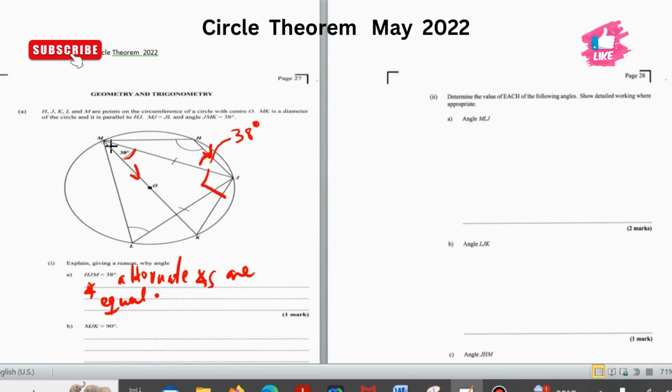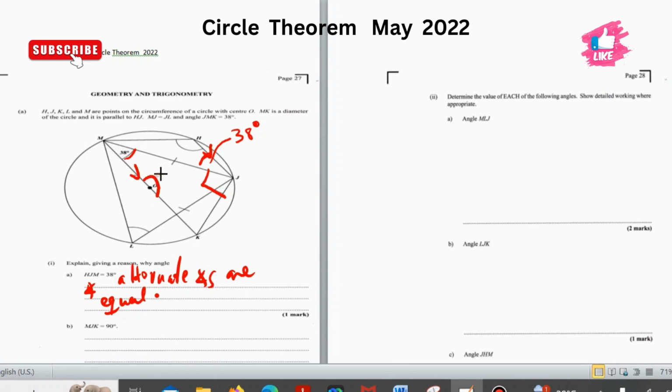But again, we have MK being a diameter, and the angle that comes off this chord MK, which is a diameter, is going to be equal to 90 because the circle is divided into a semicircle, and angles in a semicircle are equal to 90 degrees.